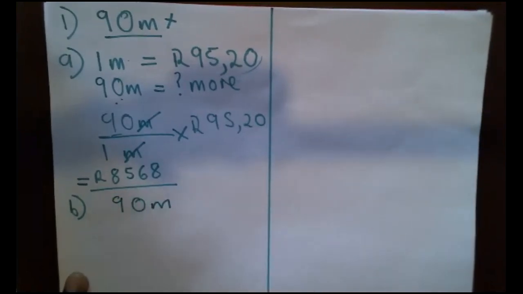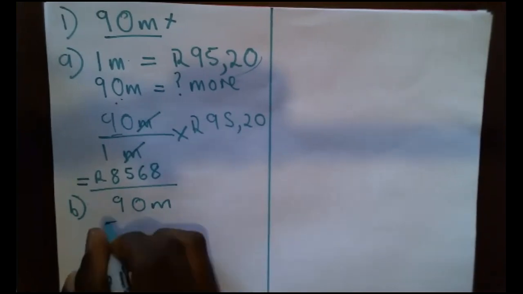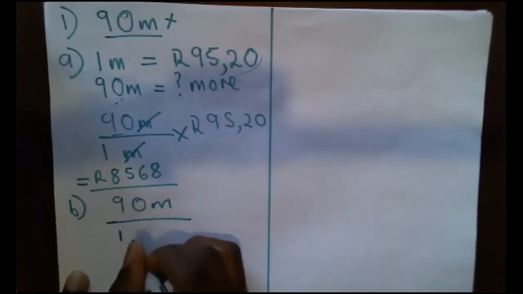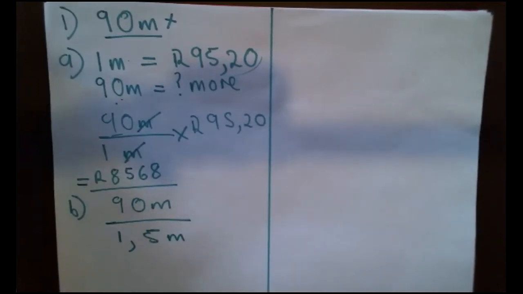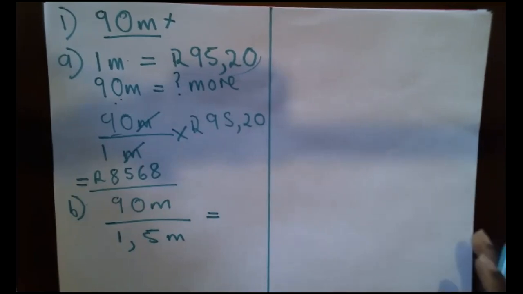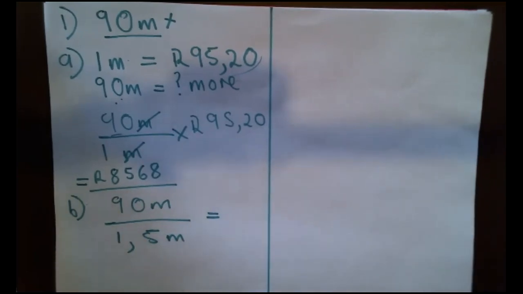I need to figure out how many 1.5 meters I can get from that. I have someone already give me an answer here. I hope this is what you did. Yes, exactly. That's the correct way to do it. Nancy Julius, I know Nancy Julius. Yes, 90 meters divided by 1.5.